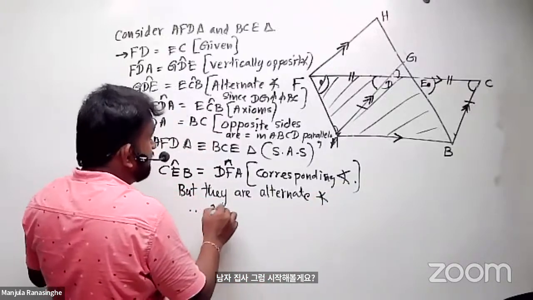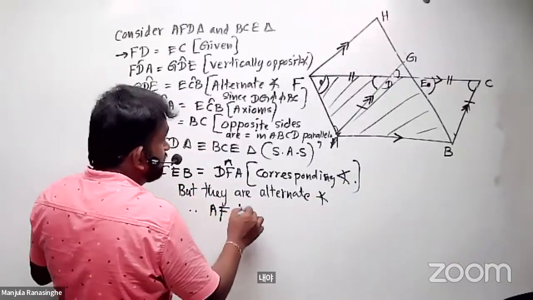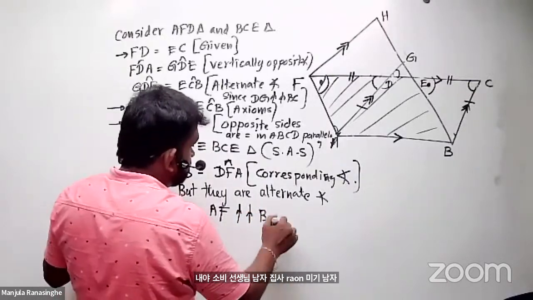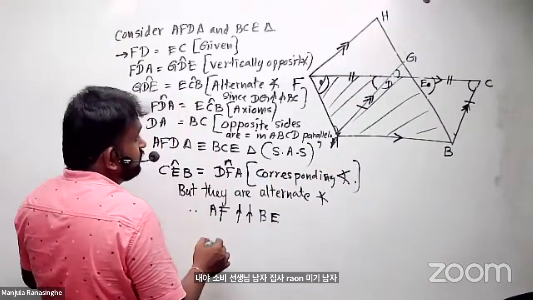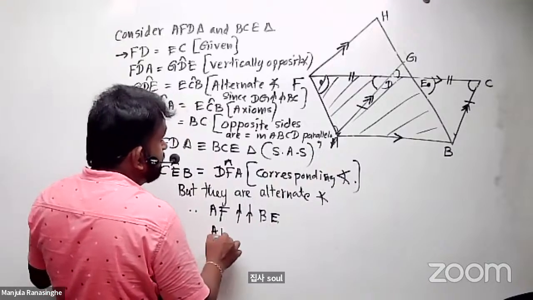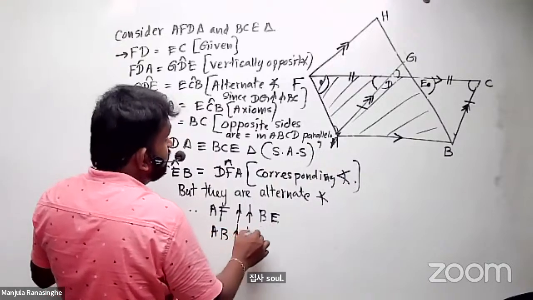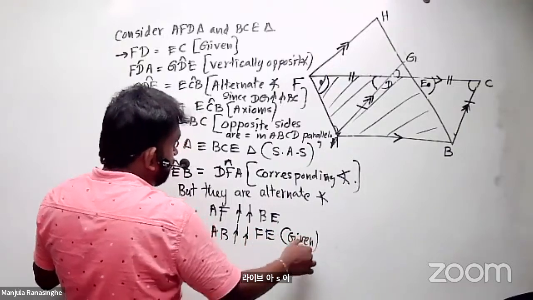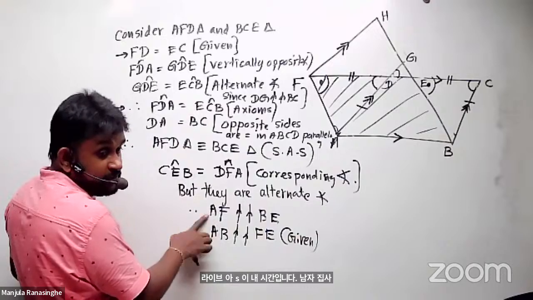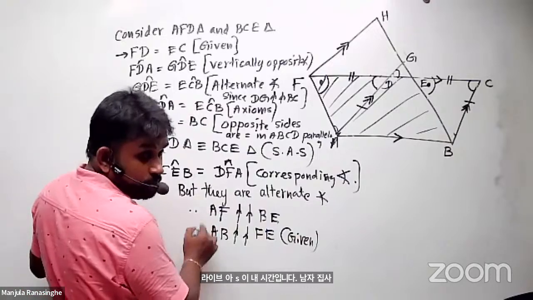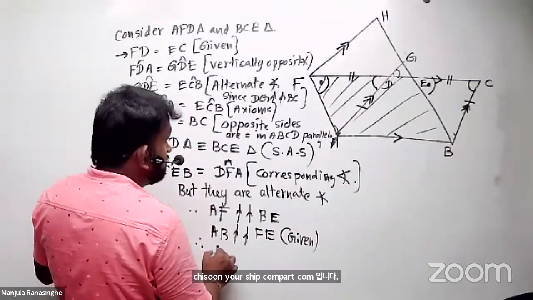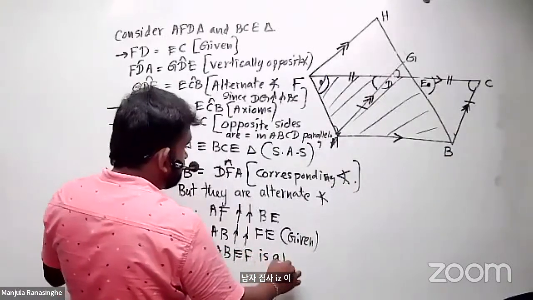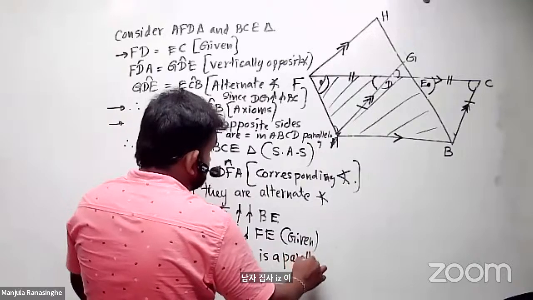Therefore, we can say that AF is parallel to BG, BE. Next, we know AB is parallel to FE, that is given. So opposite sides are parallel, both couples are parallel. Therefore, ABEF is a parallelogram.